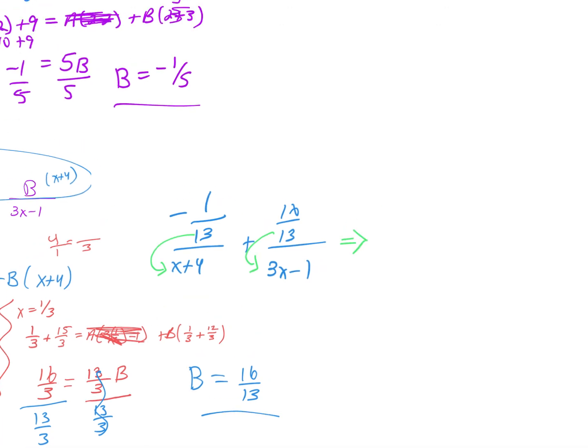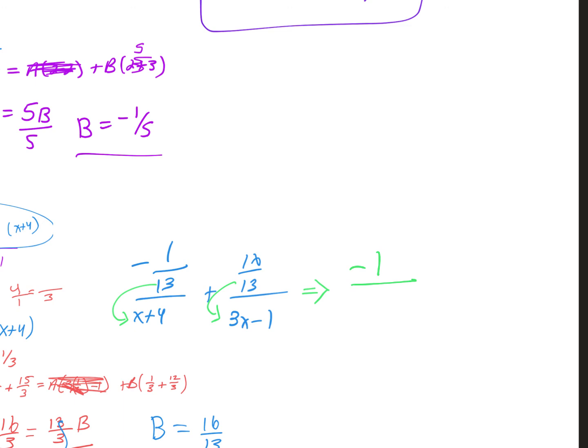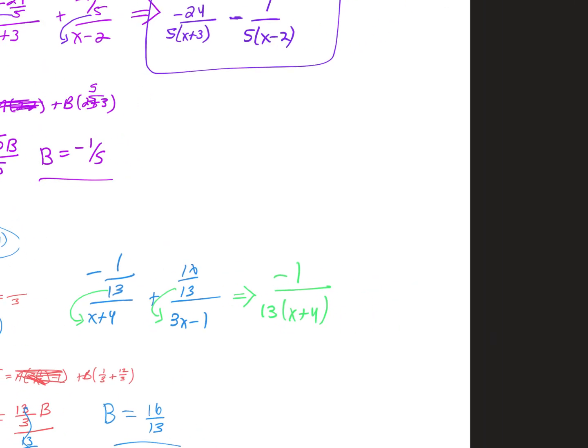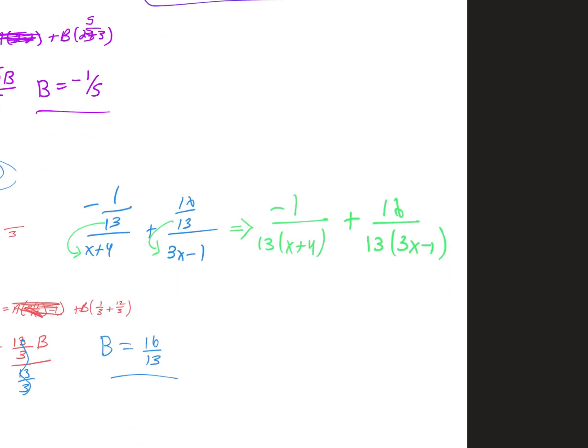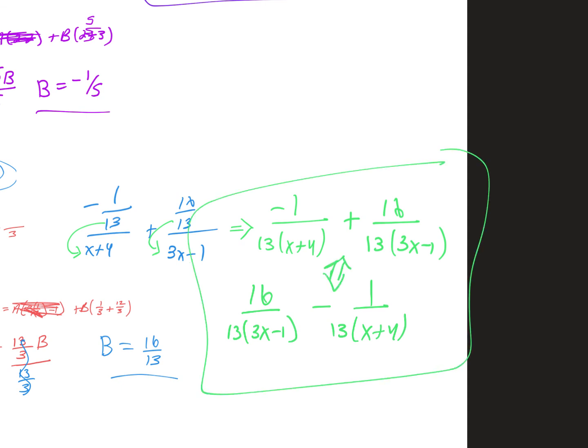To the denominator. So I have negative 1/13 times x plus 4 plus 16/13 times 3x minus 1. Another way I could write this is 16/13 times 3x minus 1 minus 1/13 times x plus 4. These are both the same things. Either way will work.